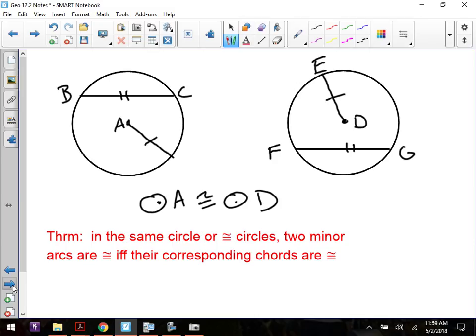Whether that's in one circle, or if I draw it up into two of them, it will always, always, always have to work. Same idea. If I drew these in as radii, here and here, here and here, they all have to be the same. These central angles have to be the same.